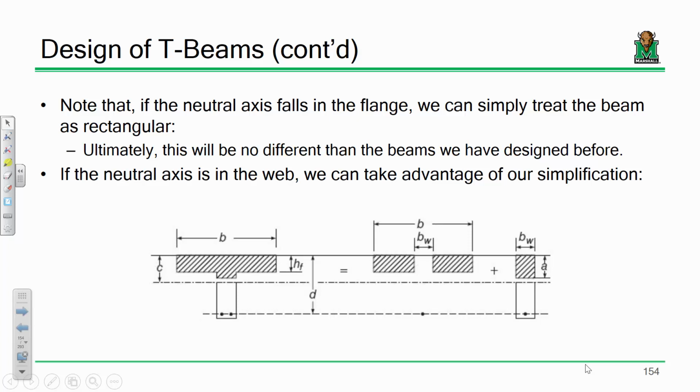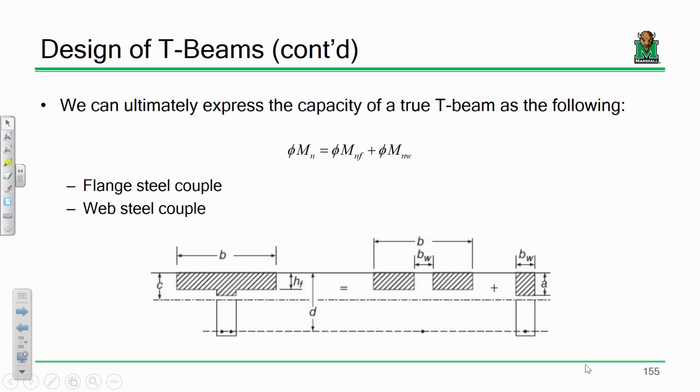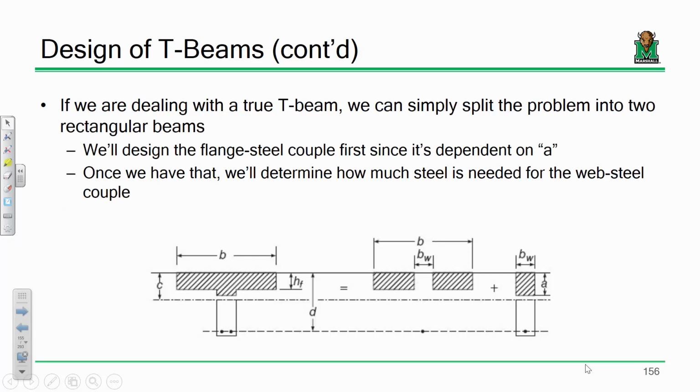So here was how we split this up. We basically said that the nominal moment capacity of this section is the nominal moment capacity of the flange couple plus the nominal moment capacity of the web couple, and then we have to adjust everything by our resistance factor phi at the end.